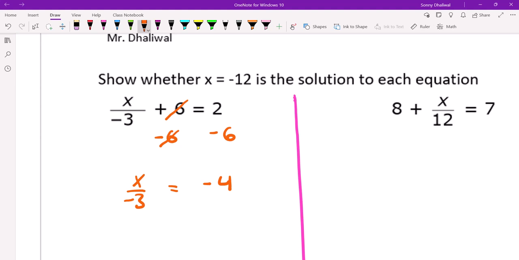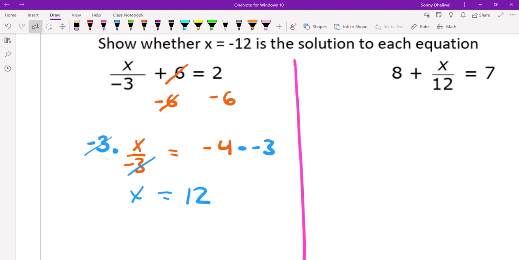Times by negative 3, which also gets rid of the negative sign. We have 3 here and 3 here. Times by negative 3, and the negative 3's go away. And it equals what? 12. Two negatives cancel out to make positive 12.